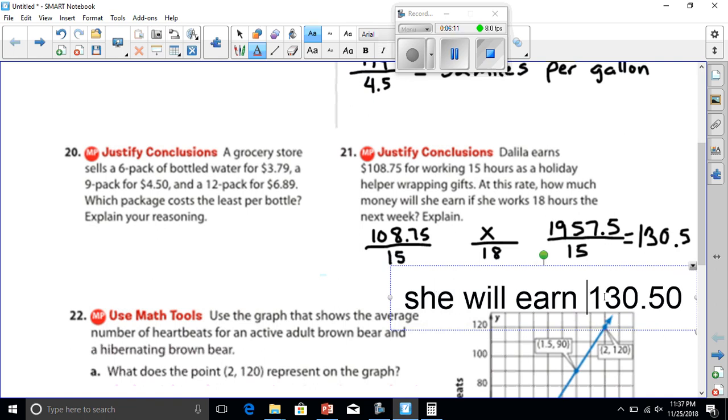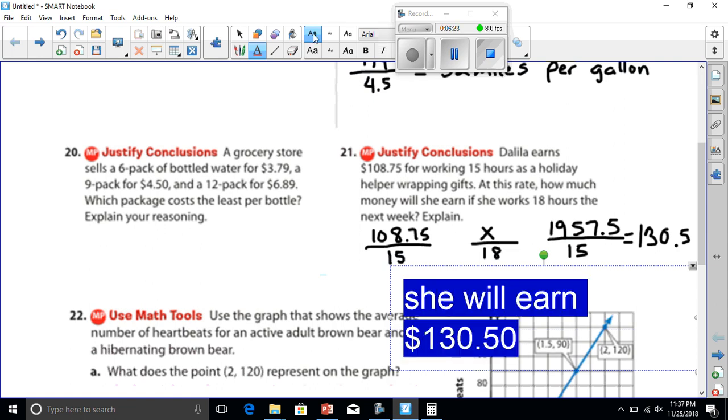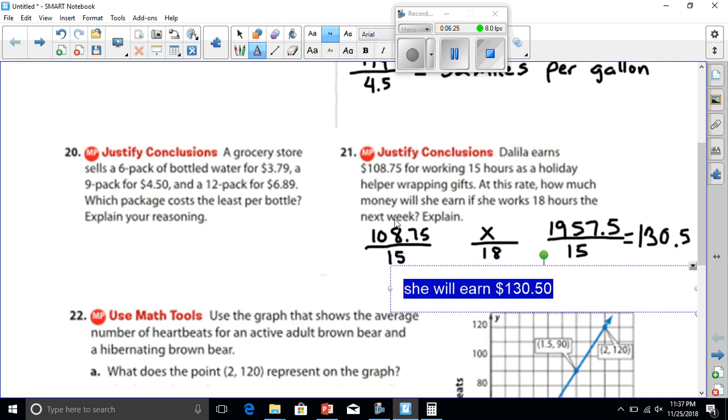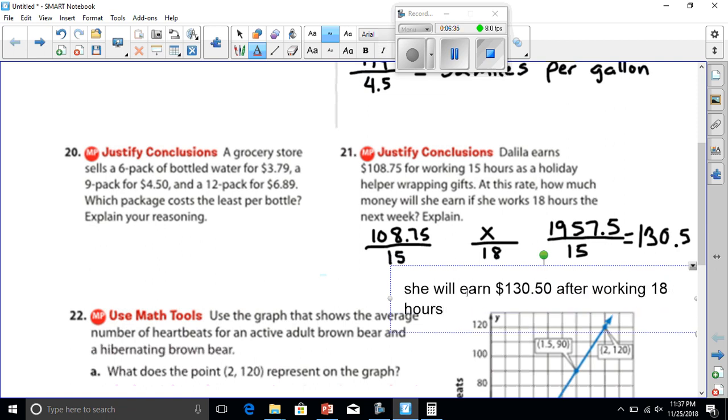I'm going to put a dollar sign in front here. And let's go ahead and shrink all this down. Don't need these numbers being so big. Okay. After working 18 hours. That's it.